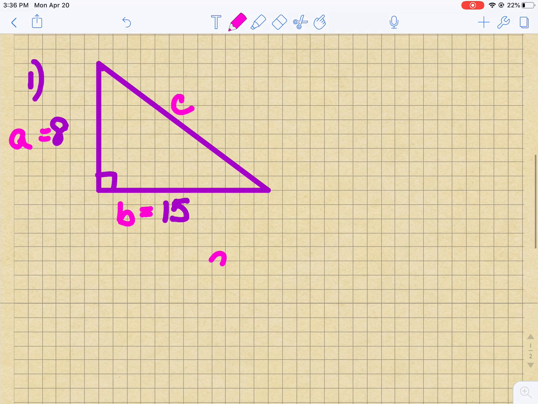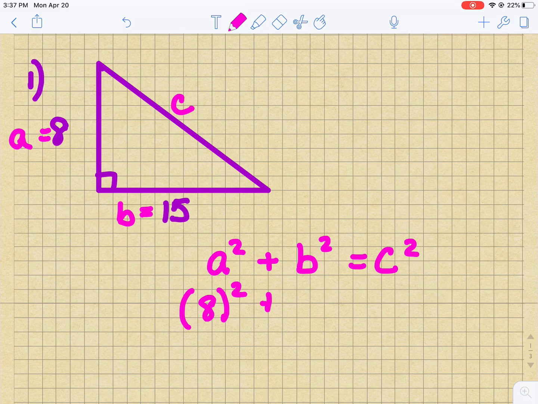So I take my formula, A squared plus B squared equals C squared, and I put in what I know. So A is 8, so that's 8 squared. B is 15 squared. And then C is what we're trying to figure out. Okay?